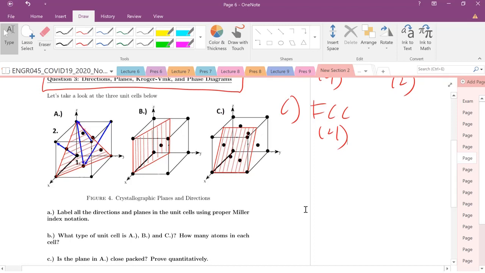So it says to label all the directions and planes in the unit cell using proper Miller indice notation. So what I'm going to do is change color. I'm going to label this guy 1, this one as 2, this one is 3, and this one is 4. So for my 1, if I'm doing directions, looking at 1, I want to look at the arrow here minus here for a vector.